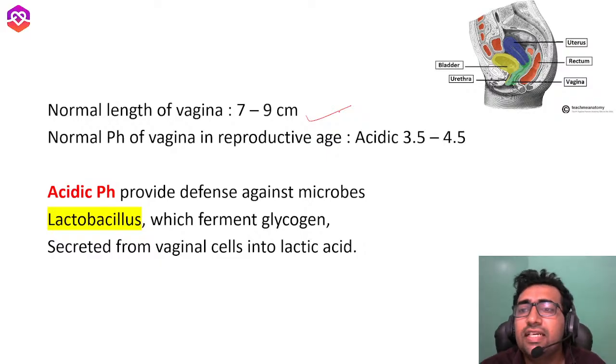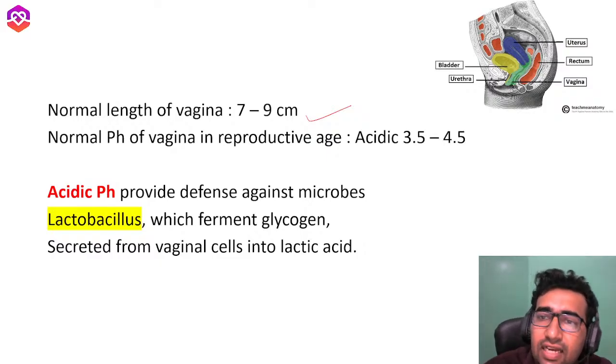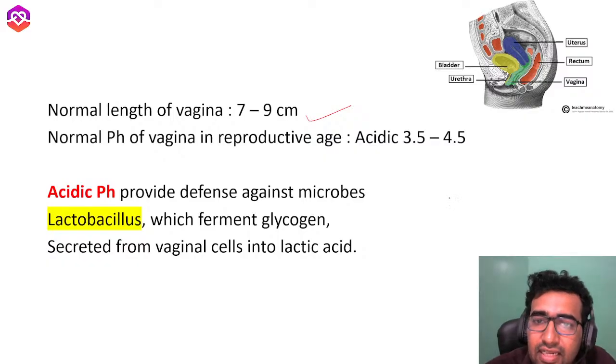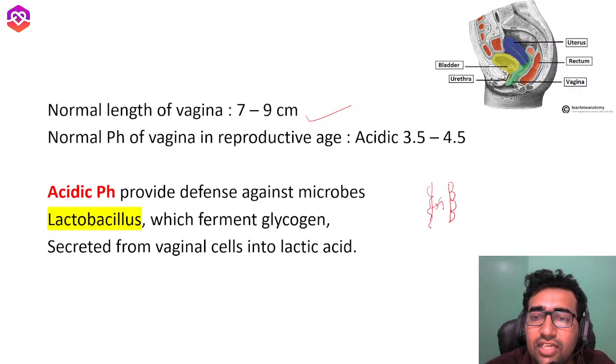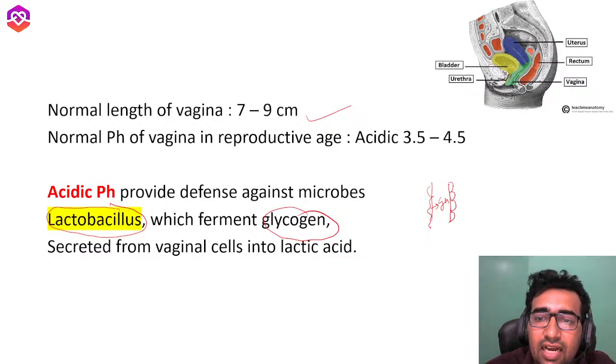The pH of the vagina is acidic. Wow, the vagina has an acidic pH. An interesting fact behind that is that cells of the vaginal wall secrete glycogen. This glycogen undergoes fermentation by the bacteria inside the vagina, lactobacillus, and the acidic pH is maintained.